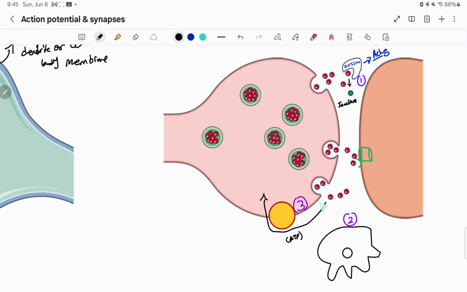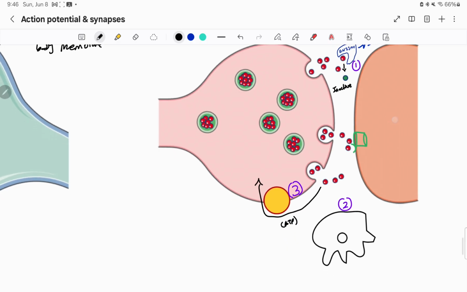Oftentimes, for example, acetylcholine can be taken back up, broken down into an acyl and a choline, go into the mitochondria and then become acetylcholine again, and then become packaged into another vesicle, ready for secretion again, okay?